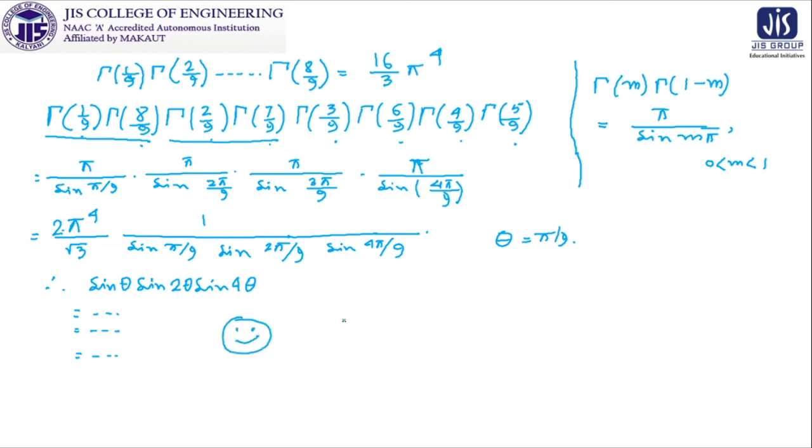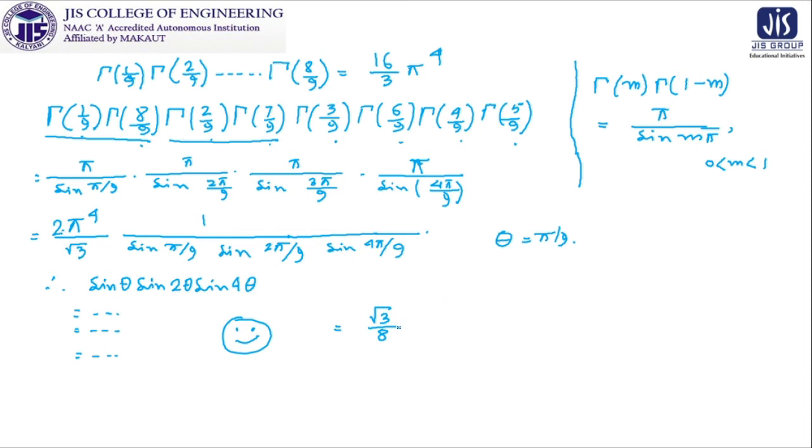given to you. You please solve this, otherwise the problem will remain incomplete, and obviously by tricks you can say that the formula will give you the value as root 3 by 8, so using them here, this root 3 and this root 3 will give you 3, 8 will come in the numerator, and 8 into 2 will come as 16.